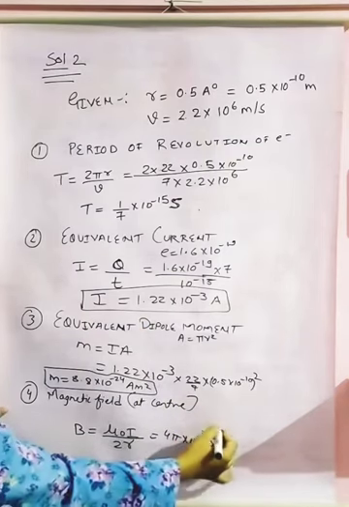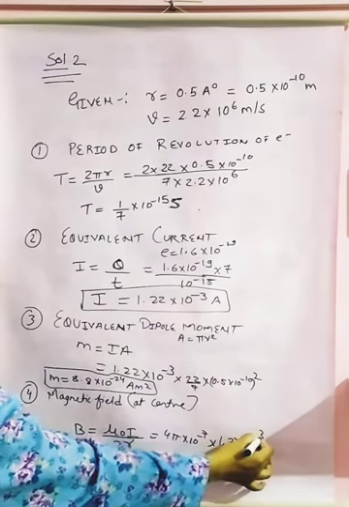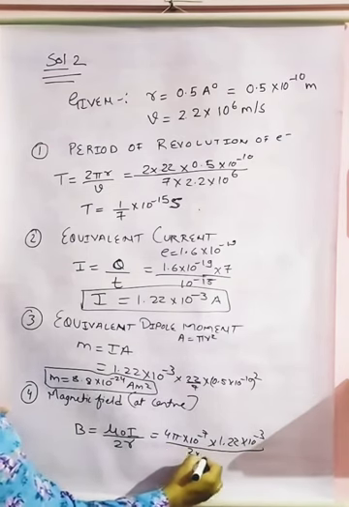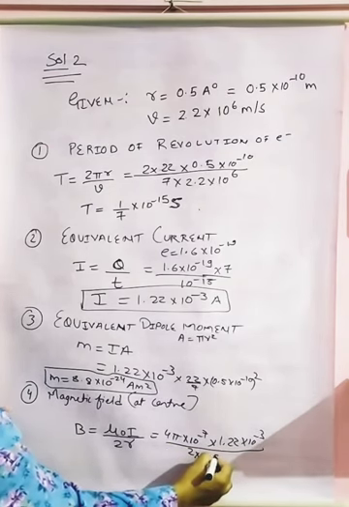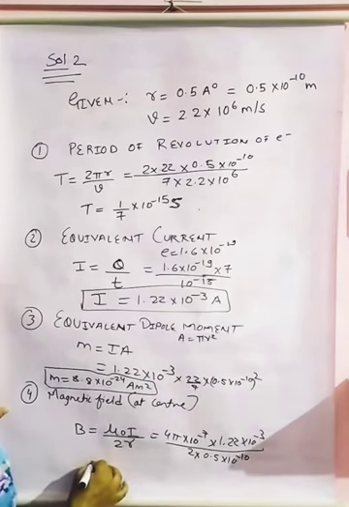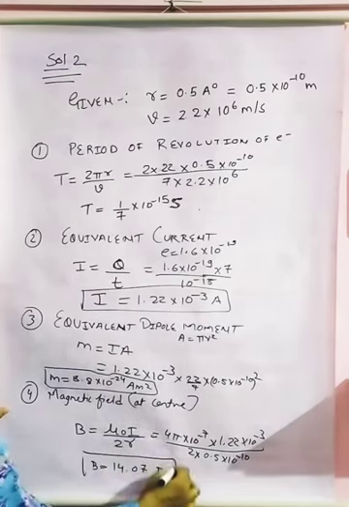I value we have, 1.22 into 10 to the power minus 3. What is the value of r? R value we already have, that is 0.5 into 10 to the power minus 10. So the magnetic field we are going to get is 14.07 Tesla. This will be the answer.